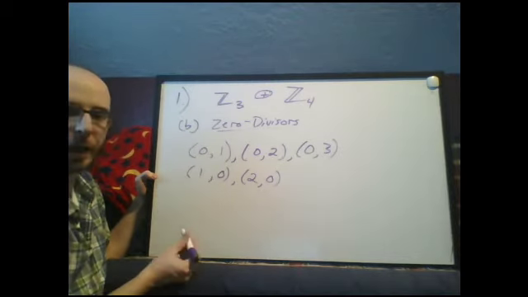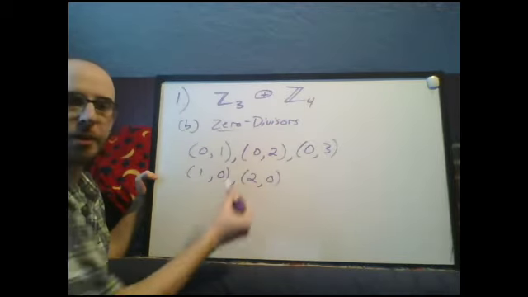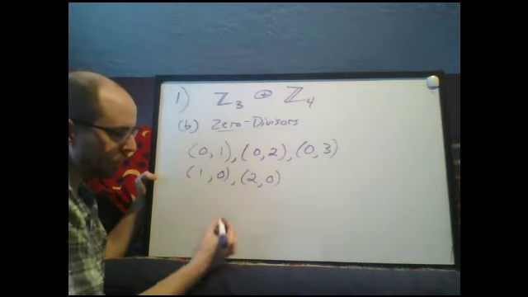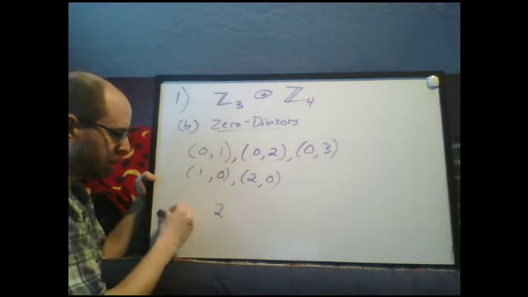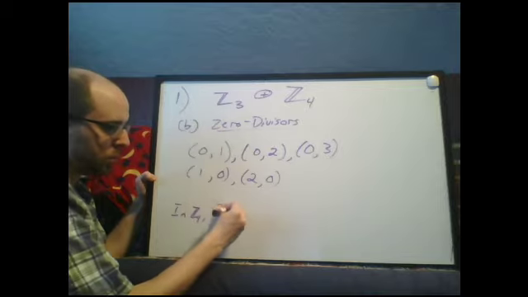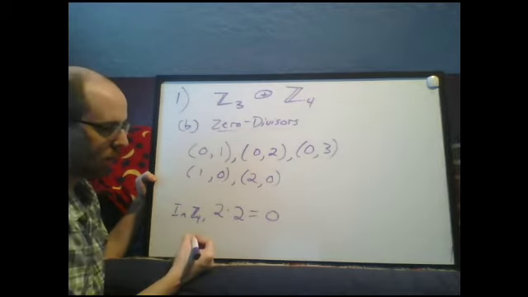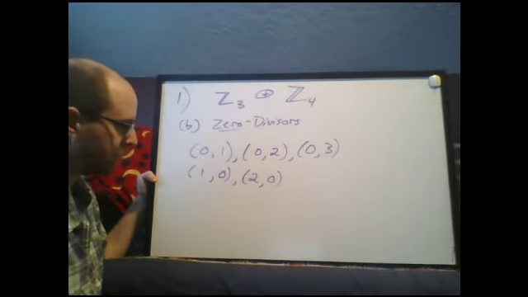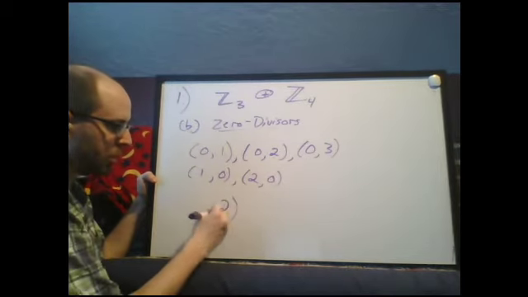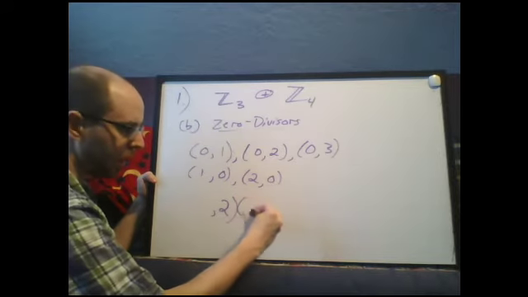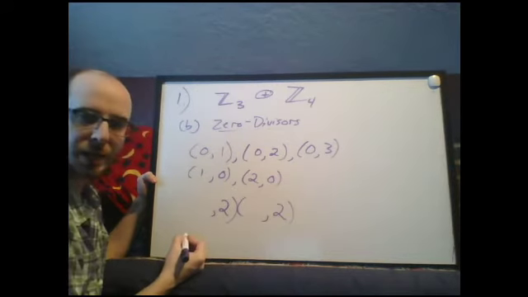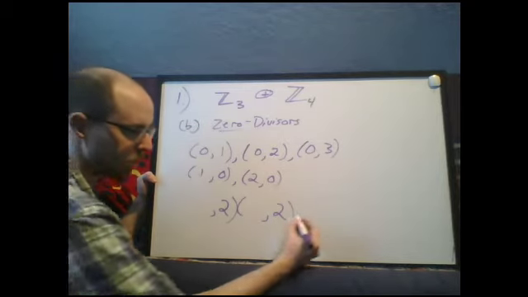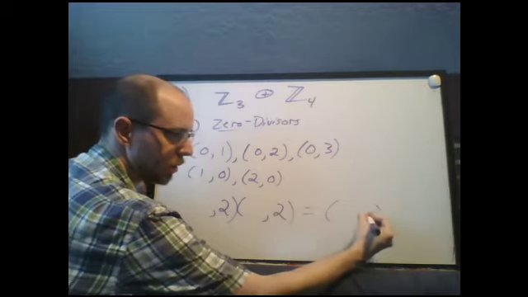But there's one more thing I can do. In Z4, I have a 0 divisor of 2. So in Z4, 2 times 2 equals 0. So if my second coordinate is 2, let me just illustrate with one of them. I can kill off that coordinate with a 2 in my second pair. So in the second coordinate here, 2 times 2 would be 0.